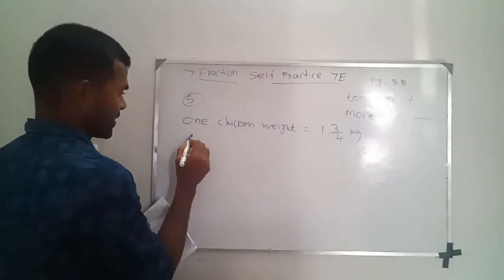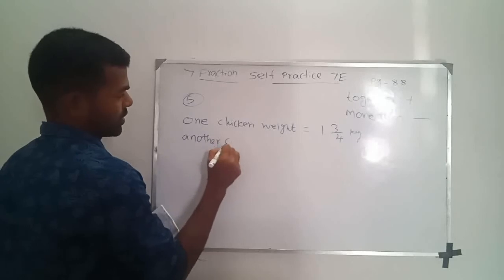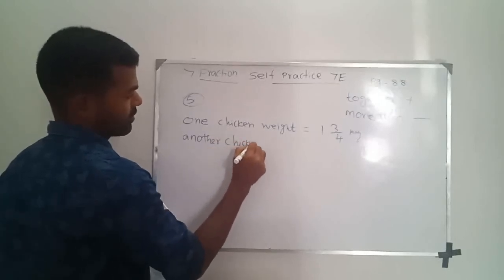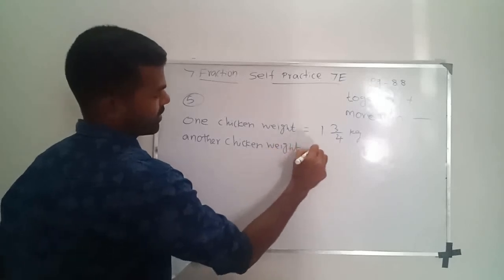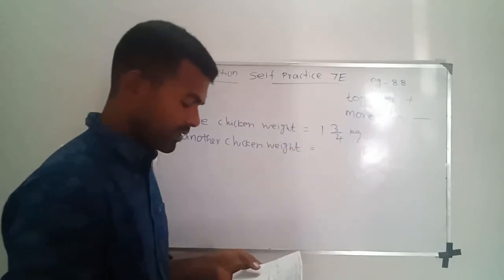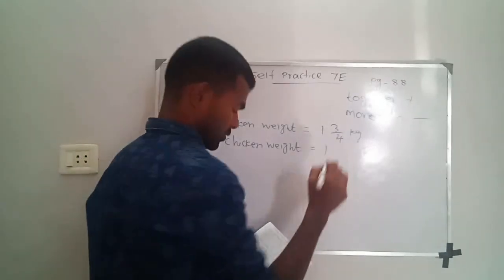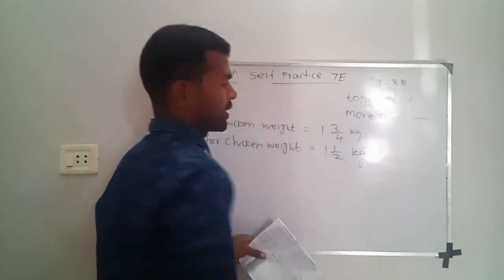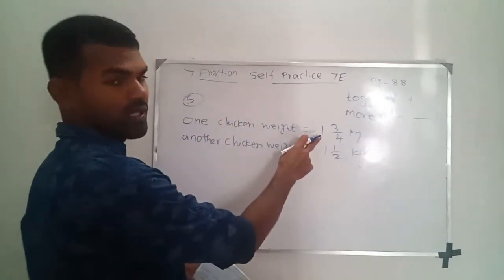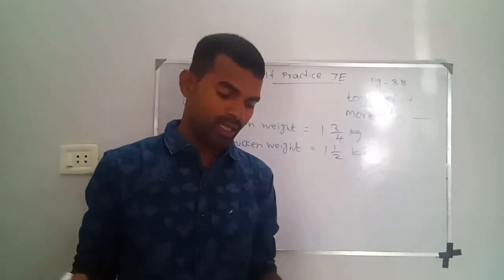And the second chicken weight, another chicken, the second chicken weight is 1 and 1 by 2 kilogram. Got it?